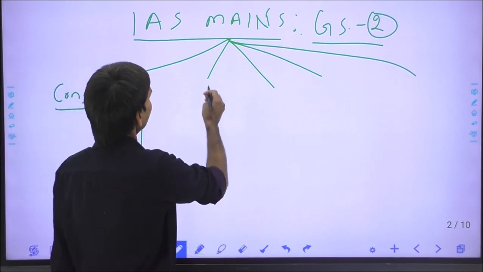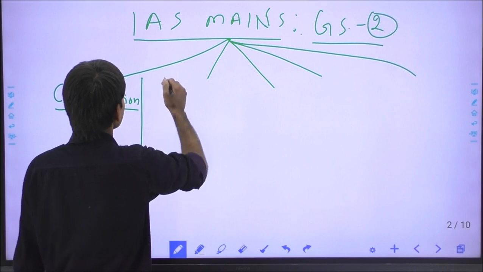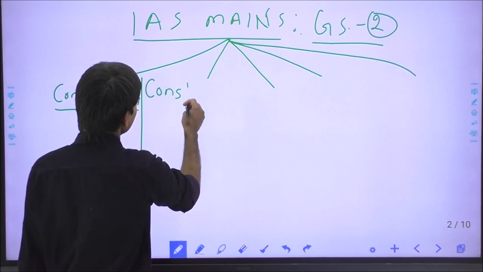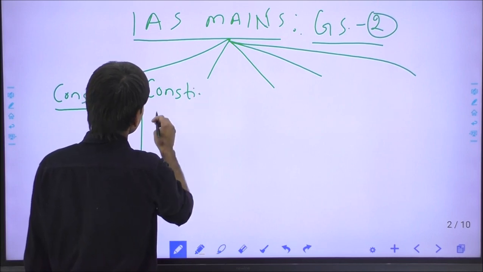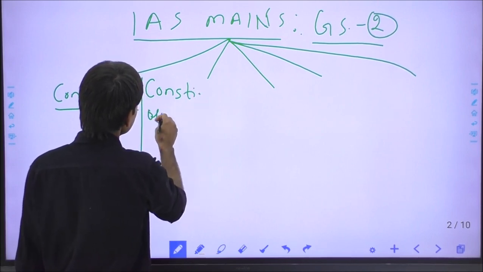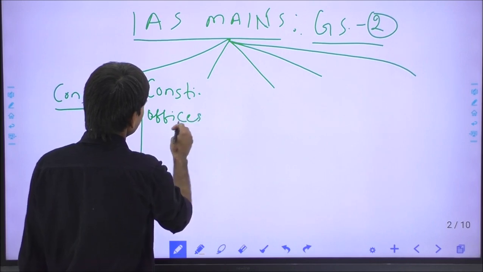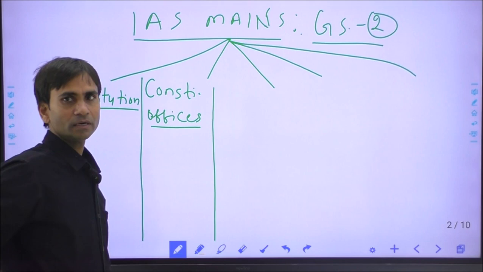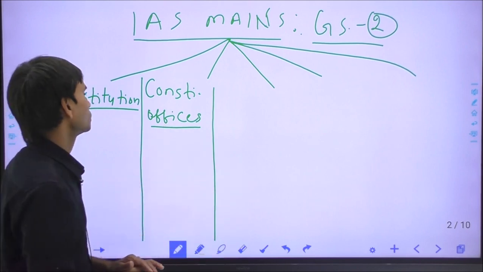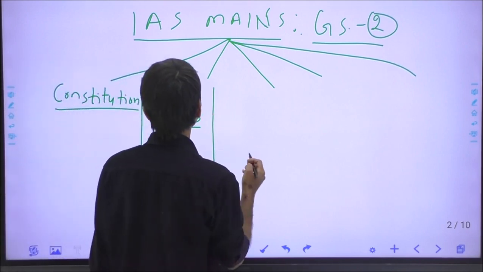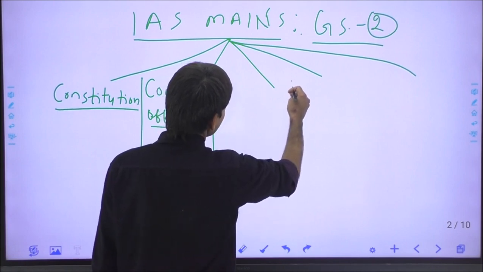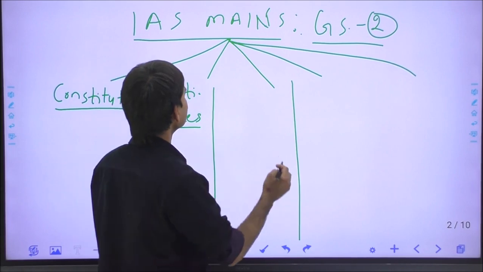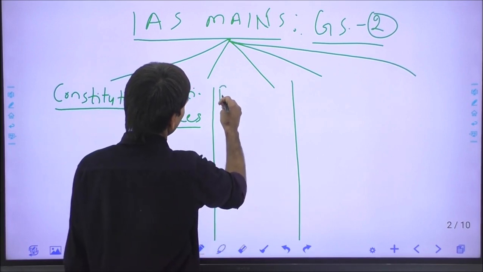The second part is the constitutional offices, their importance and role, and emerging disputes regarding the constitutional offices. The third part of the syllabus is the regulatory bodies.